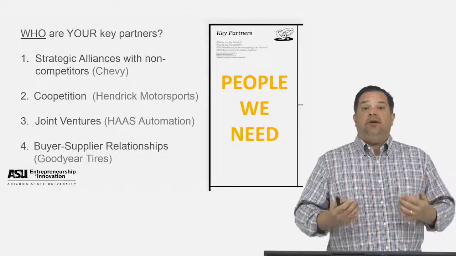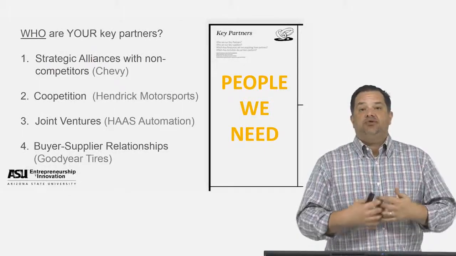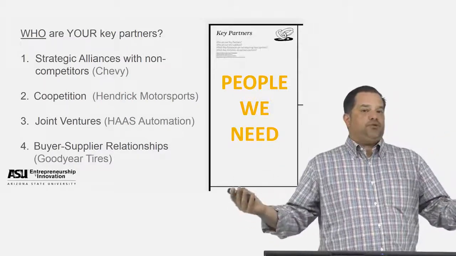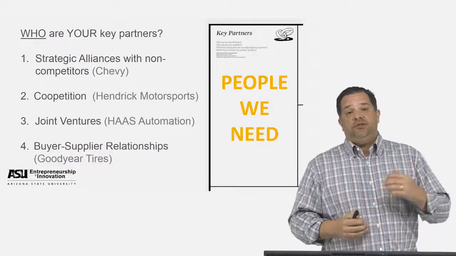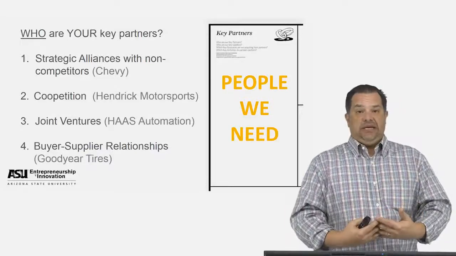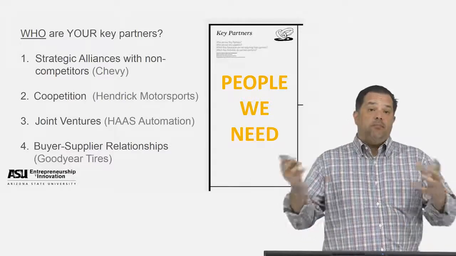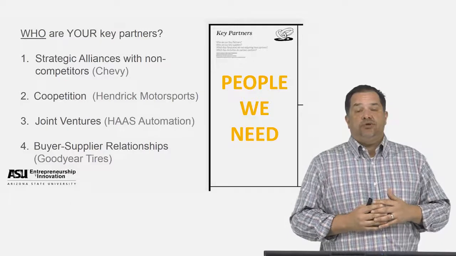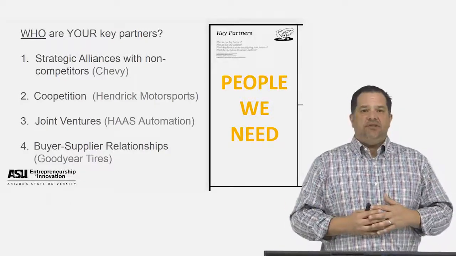We also talk about key partners. When we talked about our race team, we talked about strategic alliances with non-competitors, like the person who provides our cars, Chevy. We talked about co-opetition. This may be a competitor that provides us some of the things that we need in order to be able to deliver our product, but may also be a company that we can work together with, like Hendrick Motorsports, who we can buy our engines from, even though we race against them on every Sunday afternoon.